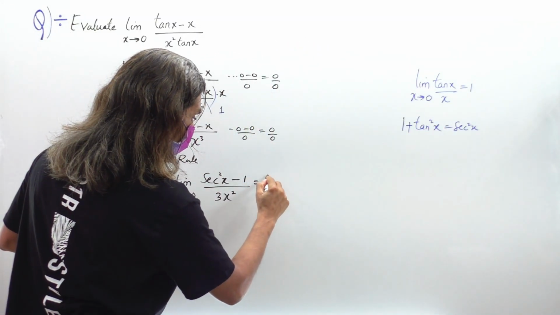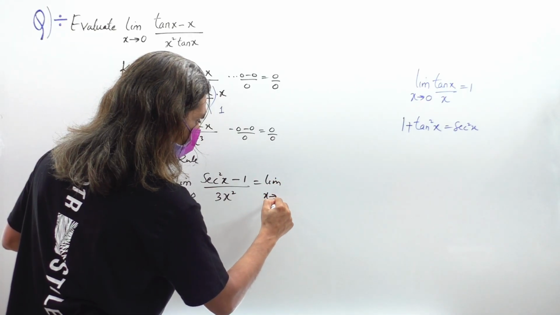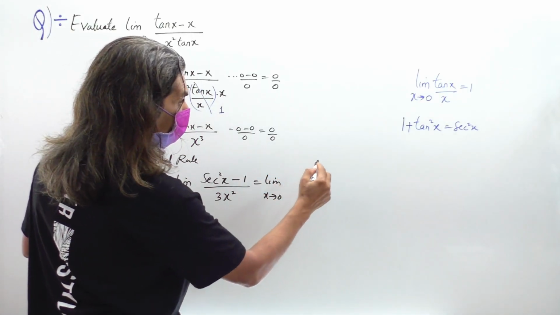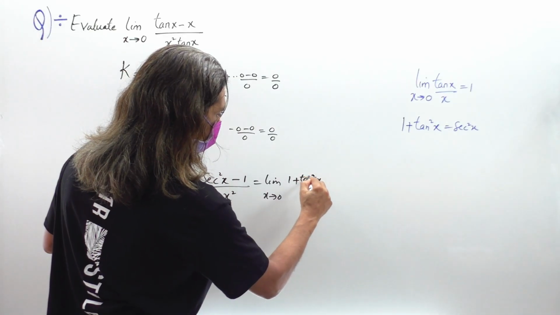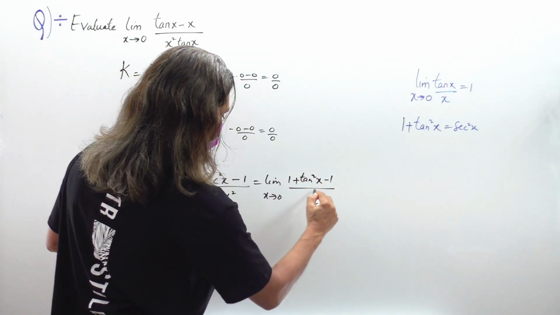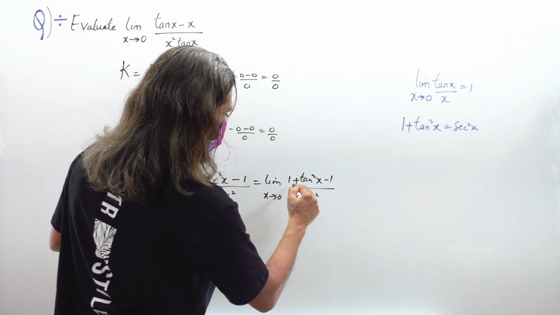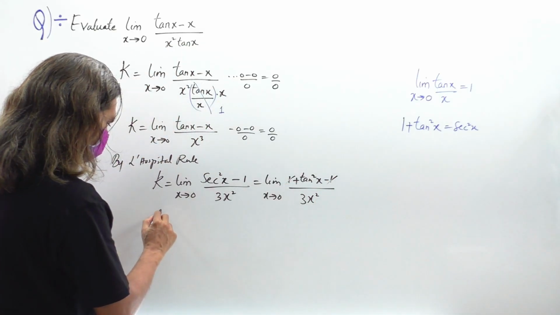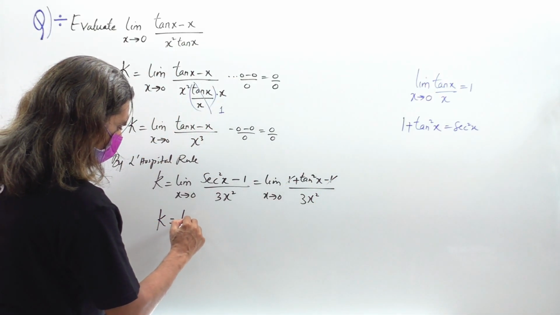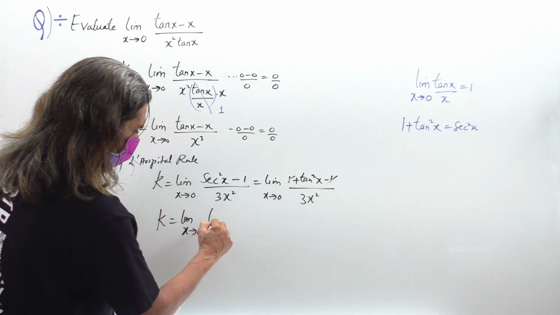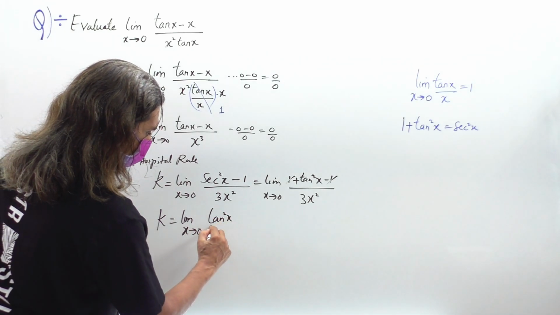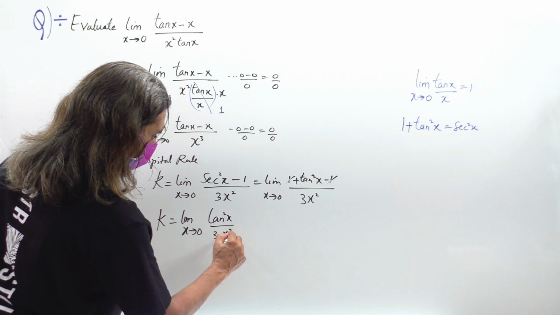So this will become limit as x tending to 0. I am simplifying first. Secant square is 1 plus tan square x, minus 1, whole divided by 3x square. Now here 1 and 1 cancel. The limit is reduced to a very simple form, limit as x tends to 0 of tan square x by 3x square.